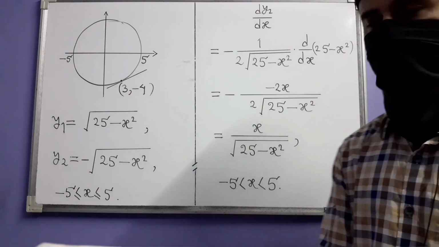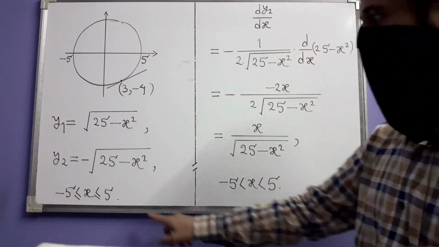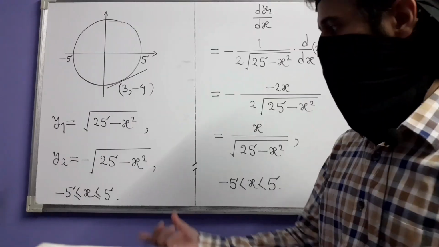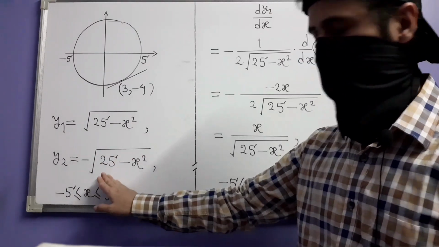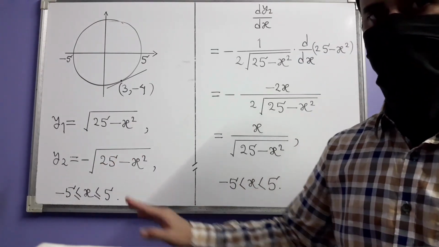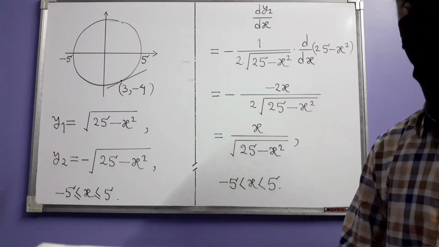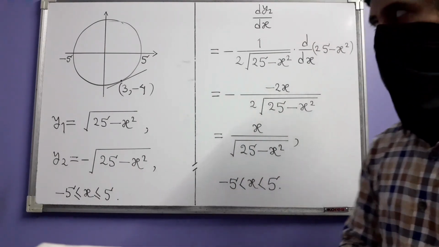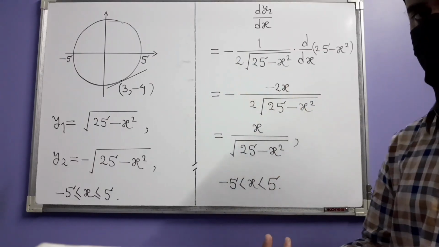So we find dy by dx, and to do this differentiation, of course you have to apply the chain rule, because square root is there and inside there is another function. So you are looking at a composite function. The outer function is the square root function. So minus of course is already there.